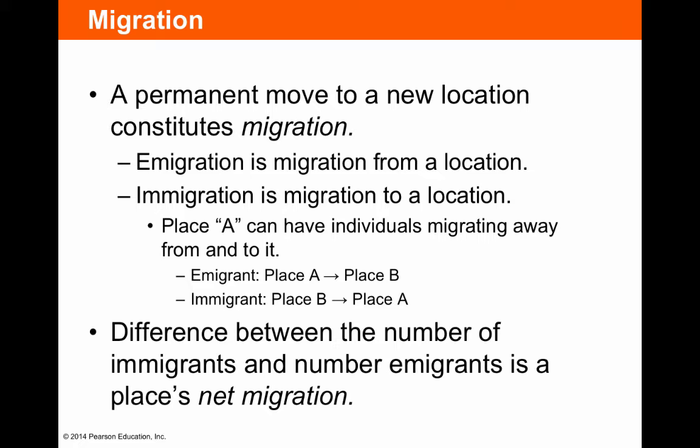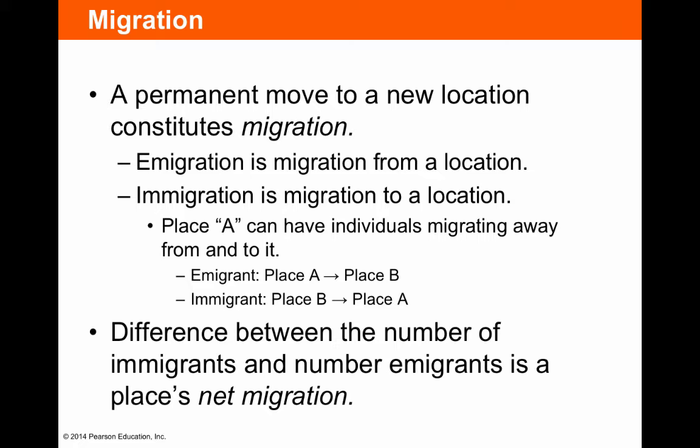I confused myself. Okay, so place A is the United States, and B is Norway. She's going from the United States to Norway, and she's an immigrant to Norway. Why do they have place A and then to place B when you're always going to place B? I think their diagram is just messed up.